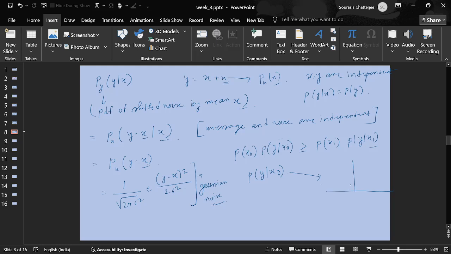The PDF shape will remain similar, but its mean is shifted. Which side of the y-axis is it going to be, left or right? What do you think? Right. Are you sure? Because x naught is -1, right? Oh, it's 0. For 0 you are transmitting -1. So now the noise PDF is shifted to -1. That means left.